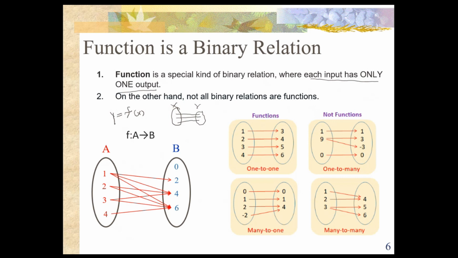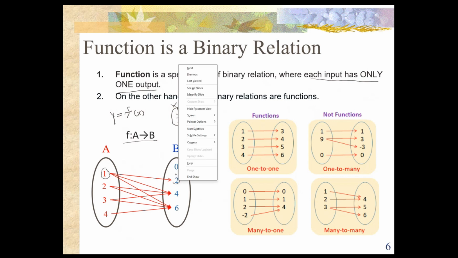We have a function that maps set A to set B. So what this means is we are mapping the elements inside set A to elements inside set B. Now this is a function because one input should only have one output.